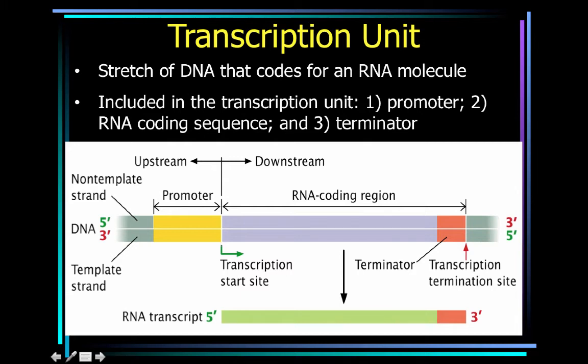After the transcription process has taken place, we're going to have this messenger RNA strand that contains the RNA coding region, which includes the termination sequence. It's going to be oriented 5' to 3', the opposite of the template strand, which is oriented 3' to 5'.